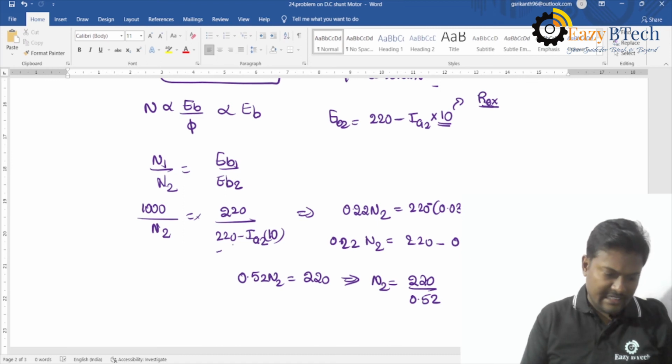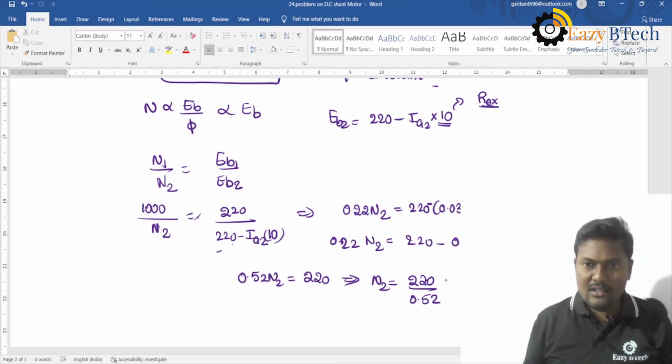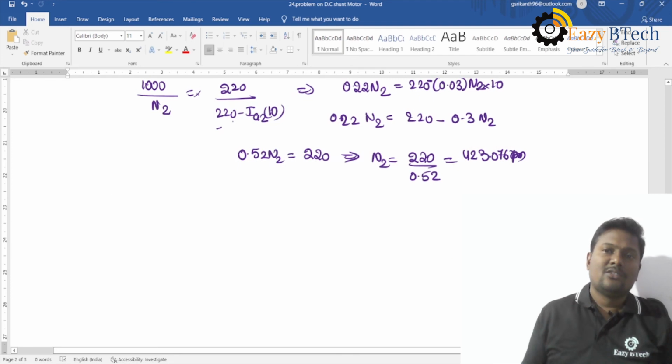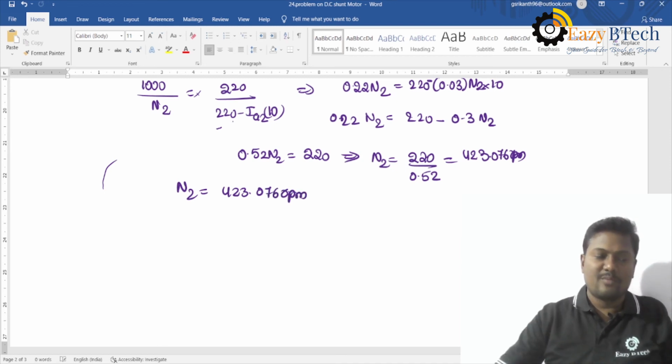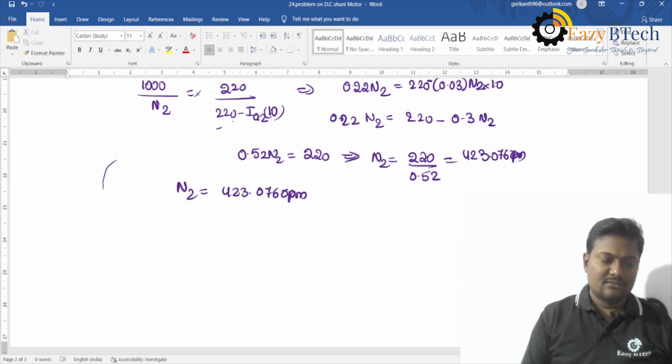Calculating, finally I get 423.076 RPM. So the final value of N2 is 423.076 revolutions per minute.